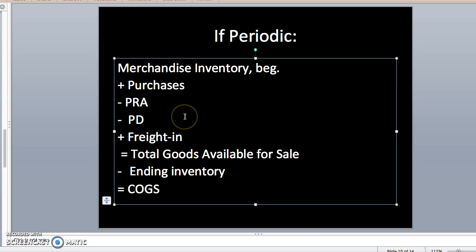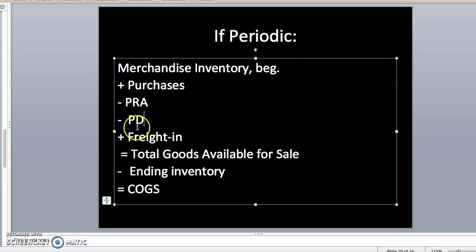Purchase returns and allowances would pertain to any return that the business has given back to the suppliers. Let's say you bought a box of pencils. Say you have 12 pencils, but then you realize that there's only one pencil that is quite defective, so you return it, and that will be recorded as purchase returns and allowances.